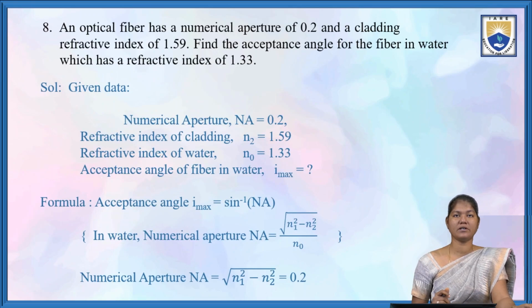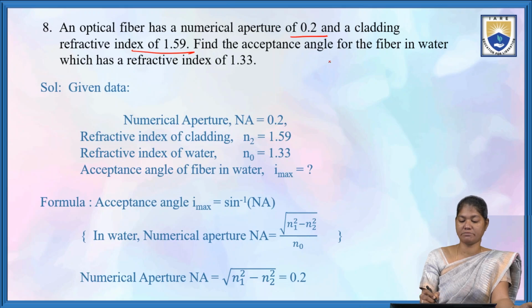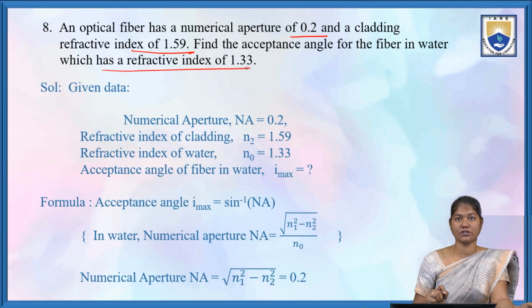An optical fiber has a numerical aperture of 0.2 and a cladding refractive index of 1.59. Find the acceptance angle for the fiber in water, which has a refractive index of 1.33.